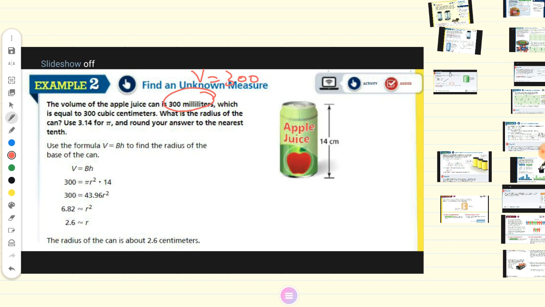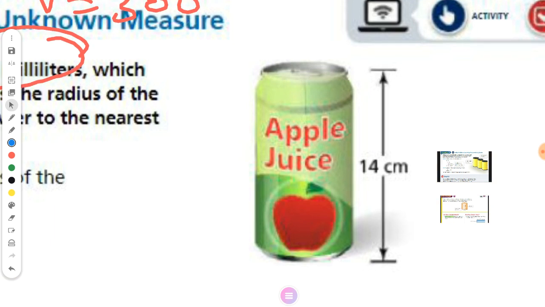What is the radius of the can? He needs the radius. If we consider the top is a circle and the bottom is the same circle, we need the radius, which is this part. How to find it?